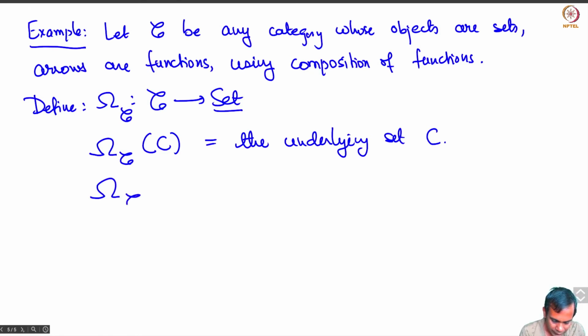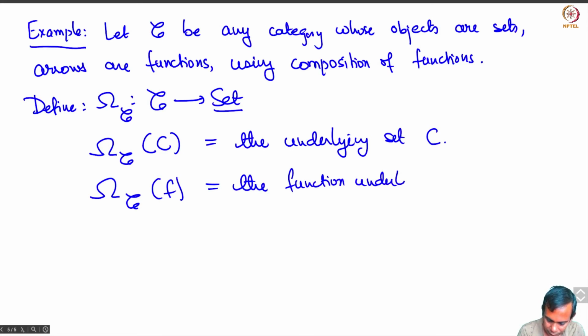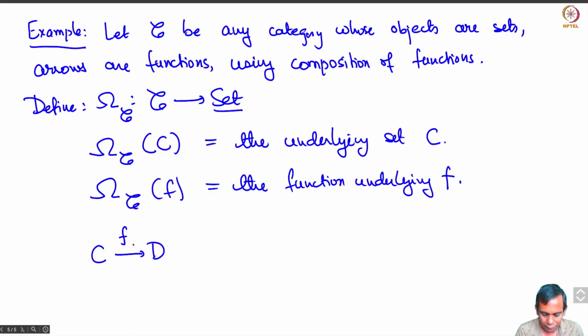And omega C of F is the underlying function, the function underlying F. Okay, more explicitly, if F is an arrow from C to D in the category C, then this F is actually a function from the set C to the set D. And this functor omega is called the forgetful functor.